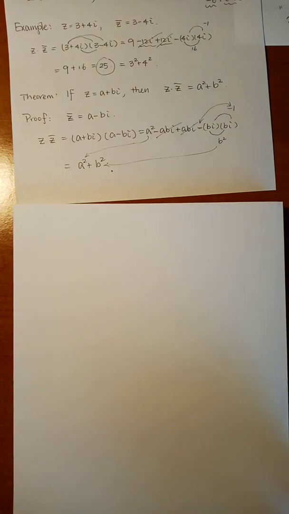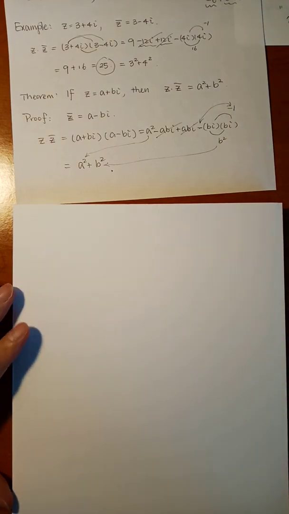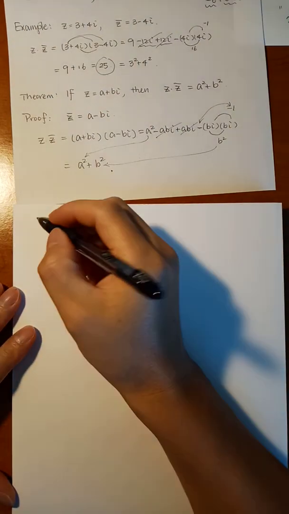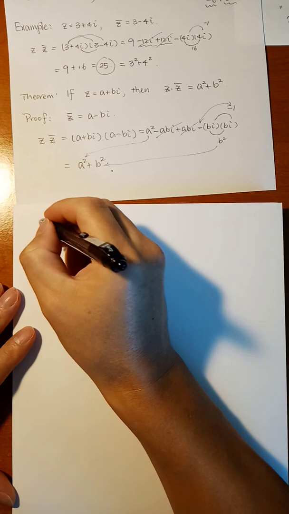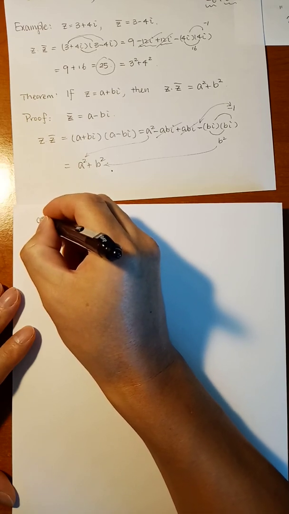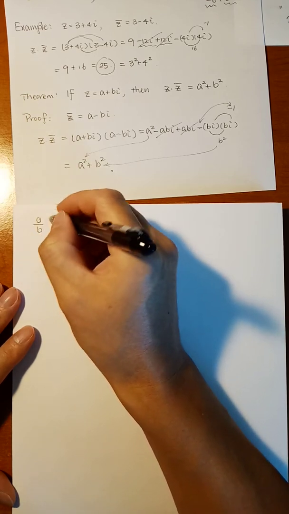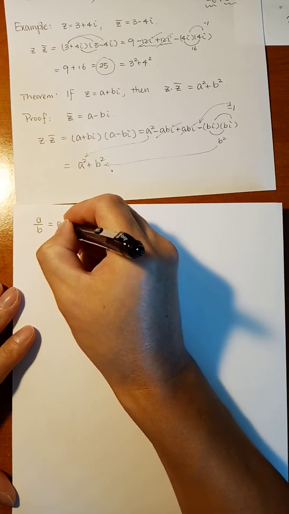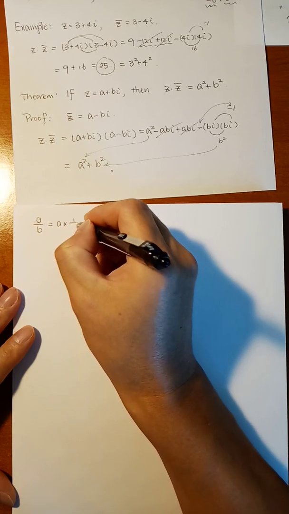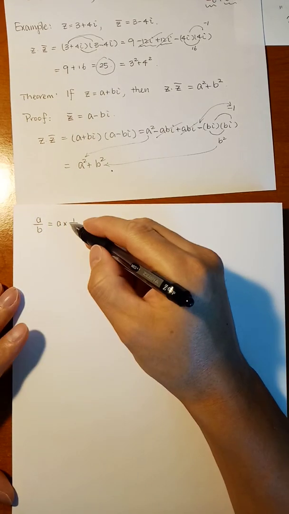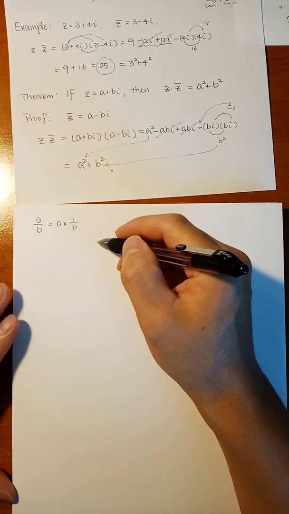Okay, now let's see how we use the complex conjugate to do the division. We all know what division is: the quotient, the ratio a over b. In a real case, a over b is equivalent to the multiplication of a with 1 over b.